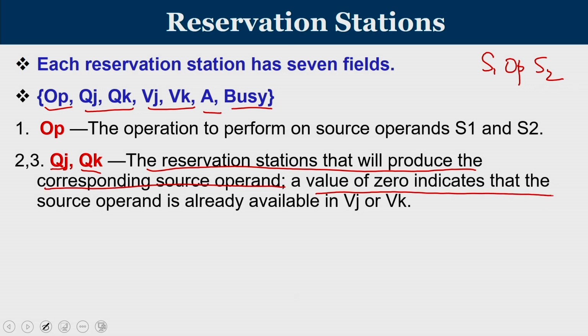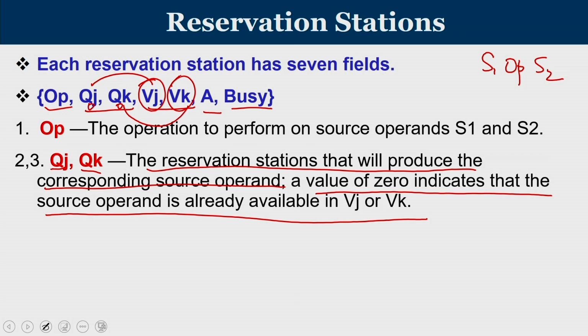A value of 0 indicates that the source operand is already available in Vj or Vk. So, Qj and Vj are coupled, Qk and Vk are coupled. If the value of Qj equals 0, that means Vj is your operand. If the value of Qk equals 0, then Vk is the operand.